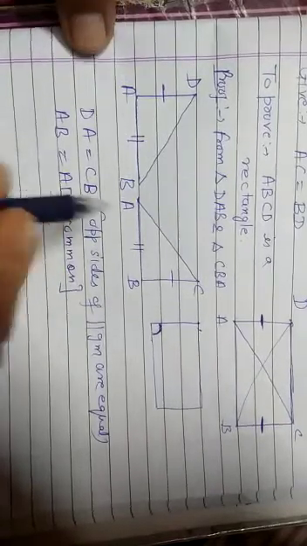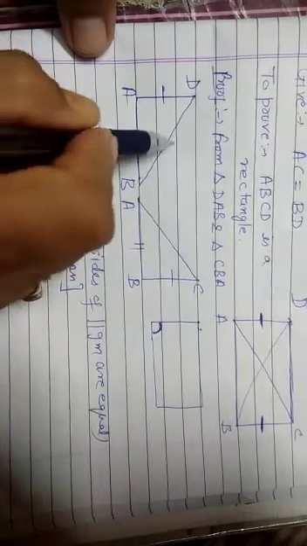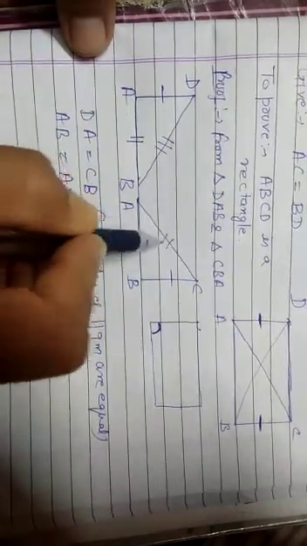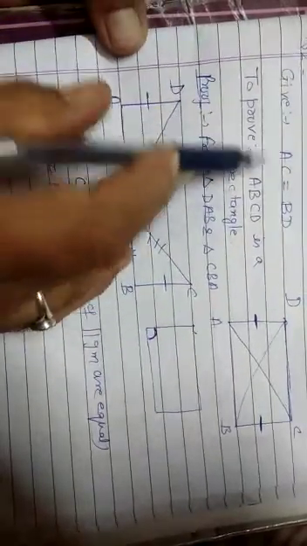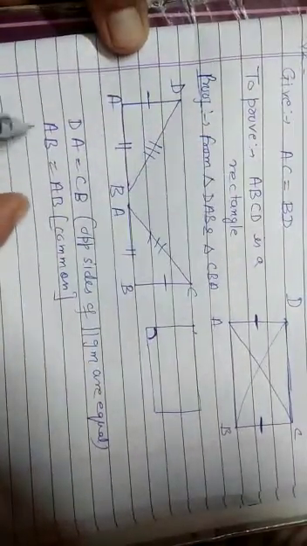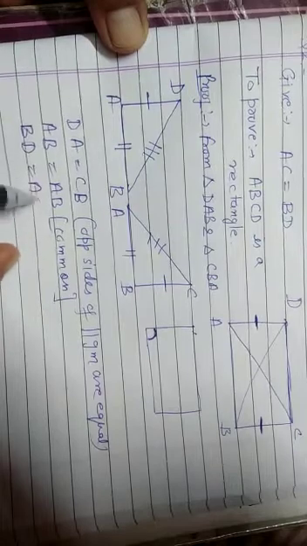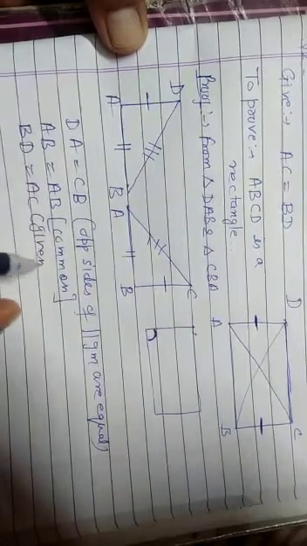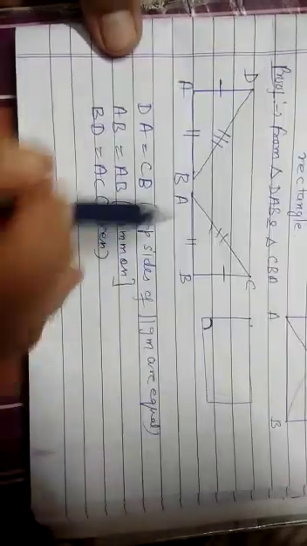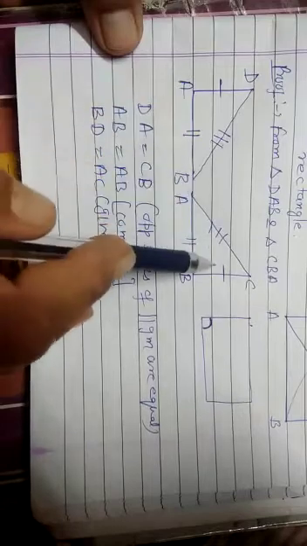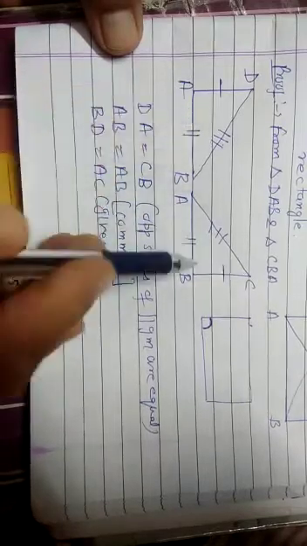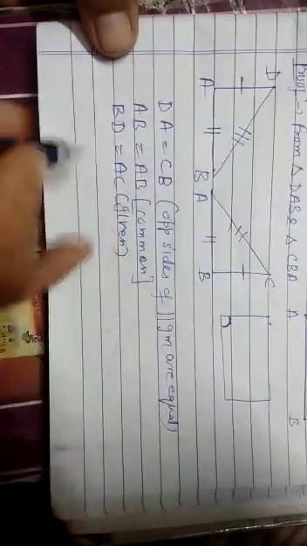Now the third thing: AC equal to BD. This is given in the question, the diagonals are equal. Now you can see, beta, the three sides of this triangle are equal to the three sides of this triangle. So by SSS congruency, they are congruent.